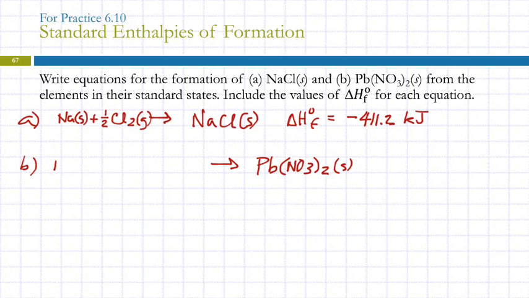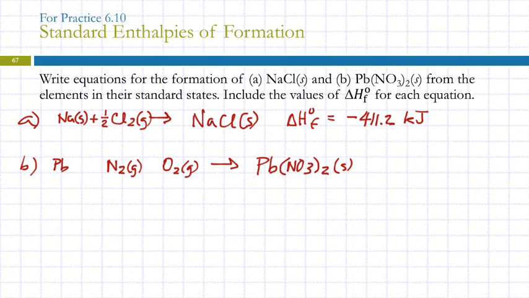So I need lead and nitrogen and oxygen. Well, we can guess what the standard state for nitrogen is. It's a diatomic element, and it's a gas at room temperature. And same thing for oxygen, but you can also go and look those up.